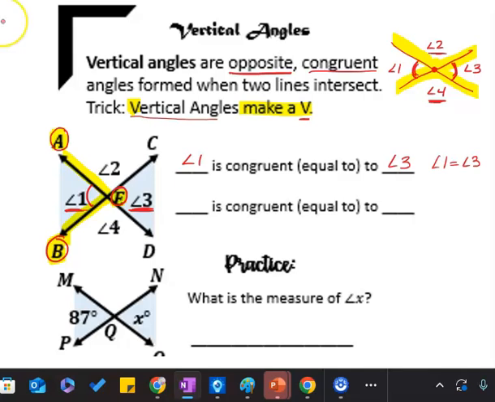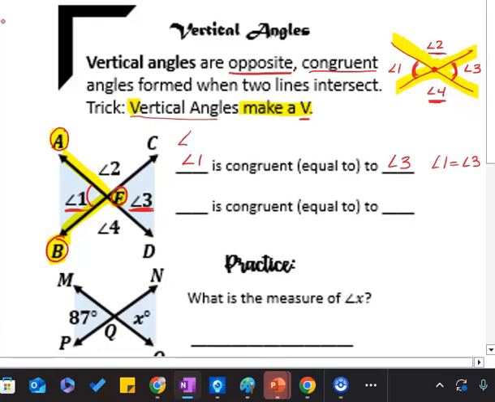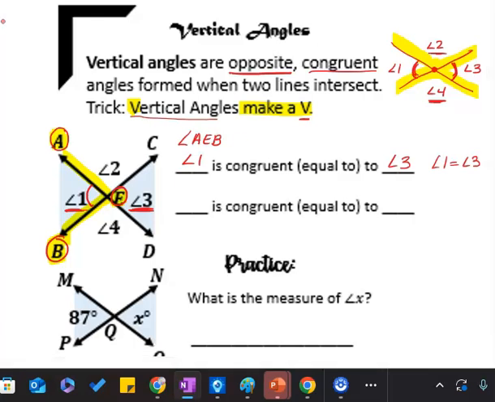All right, so let's talk about what that means. Angle A, E, B, which is the same thing as angle 1, is congruent, and we can use a little symbol like this to mean congruent, to angle C, E, D. Now, I could alternatively call this angle BEA is congruent to DEC.